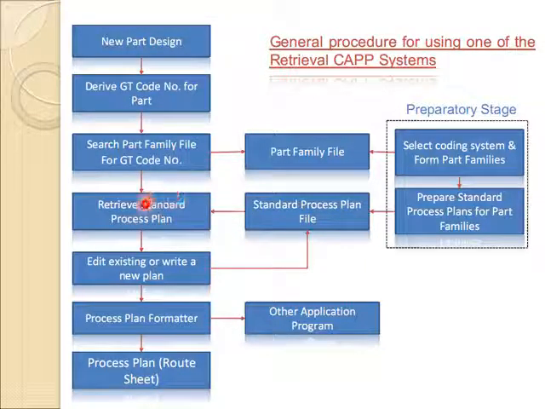Whatever additions or changes we make in the standard process plan, we edit here, and if some change is required, we send it as feedback to the standard process plan, and it will change. In that way we get the process plan formatter. If something is required in the final stage, then we use some application programming, and finally we get the process plan or route sheet. This is the whole general procedure for the retrieval CAPP system.